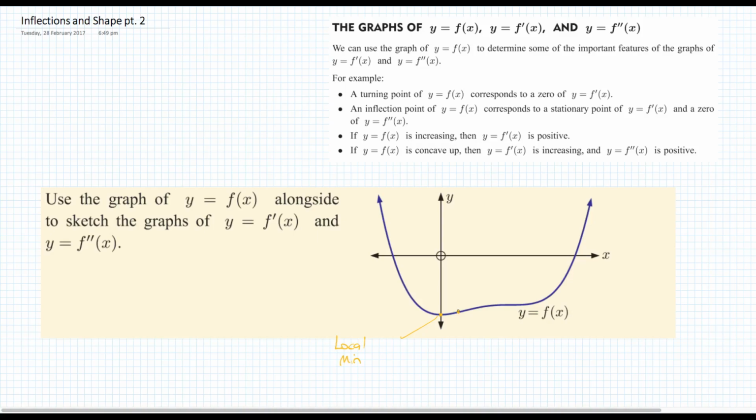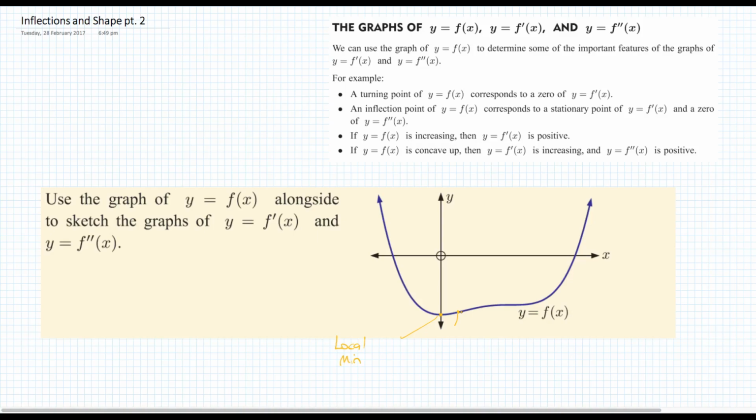So is this going to be a stationary point or a non-stationary point? If it's a non-stationary inflection point, the tangent to the function here is not going to be horizontal.